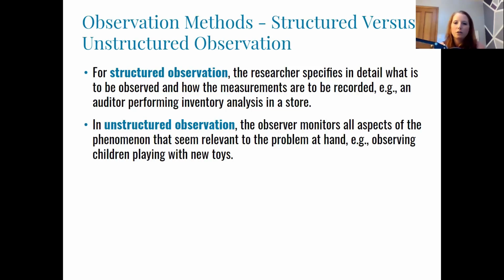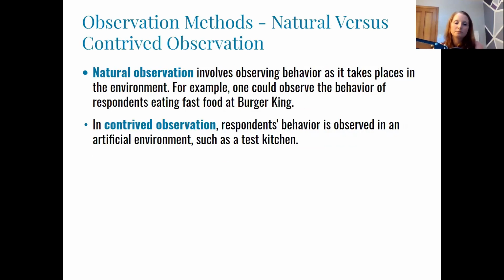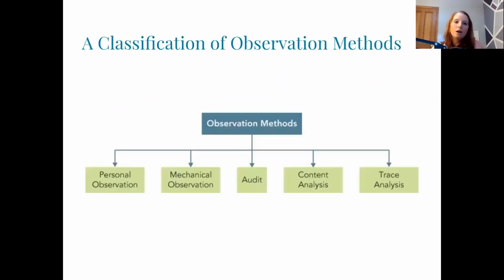There's probably some training going on here so that they know what those are. Natural observation is just observing people in their natural environment. So you might just say, hey, let's go to Burger King, and then we're just going to watch you order, see how you process, just observe the process, not ask any questions, just an observation.